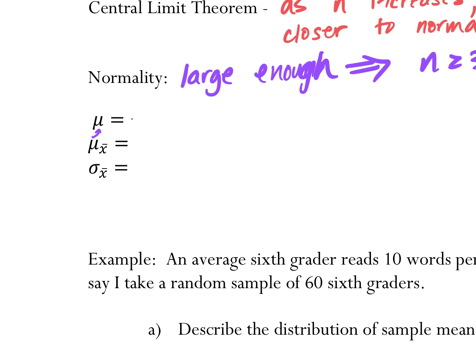Okay, mu is the mean of a population. And likewise, we have sigma, which I didn't put here for some reason, is the standard deviation of a population. Okay, these are describing individuals.